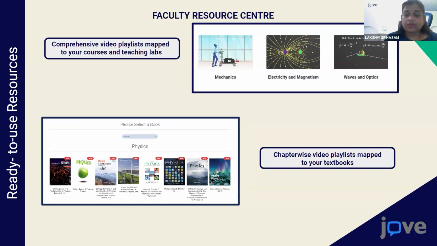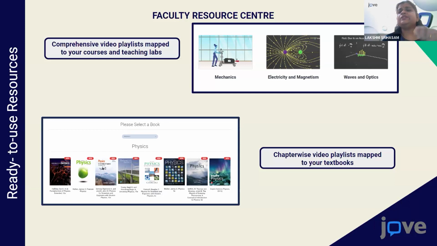And along with that, we have what is called book mapping. Here, various standard textbooks, like Physics for Scientists or James Walker Physics, we have mapped. What we have done is taken the chapters from the physics textbook, looked into the subtopics that are there, and mapped them with the videos that we have.